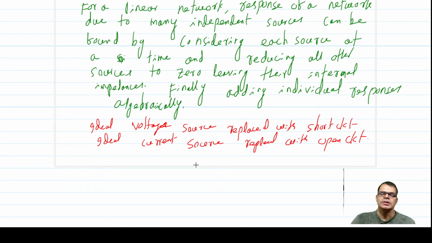Clear? That means if you have a voltage source, make it short. These are the independent voltage sources.